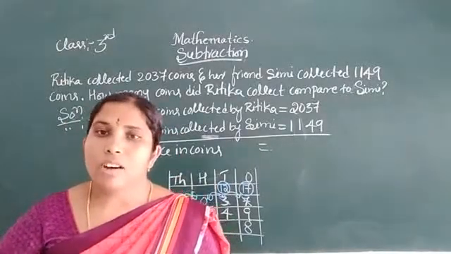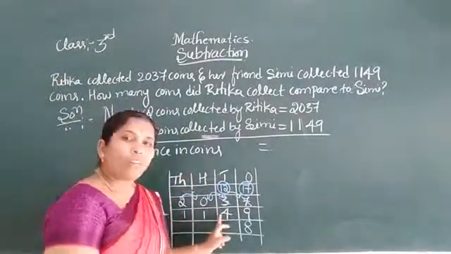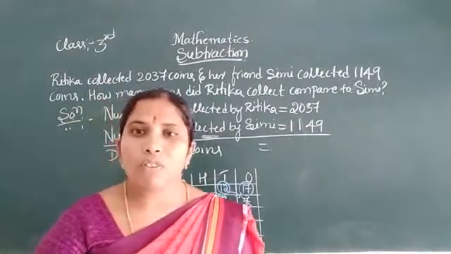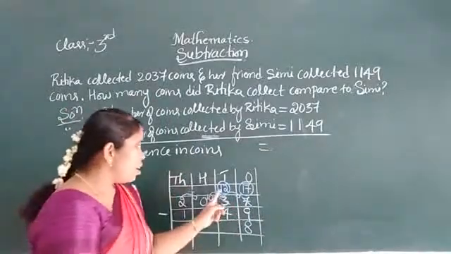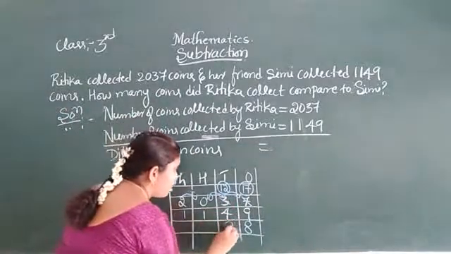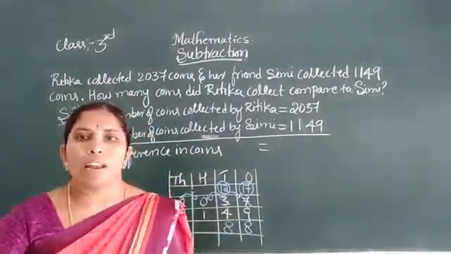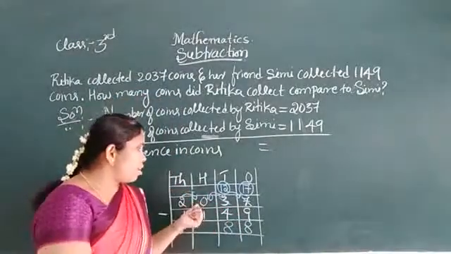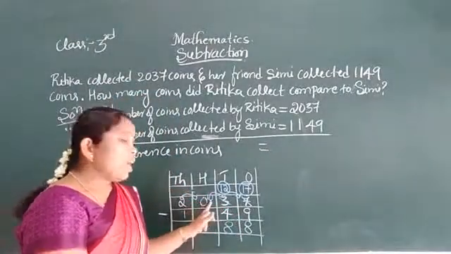Okay. So now subtract 4 from 12. We get 12 minus 4 equals 8. Now observe, here 10 is there.